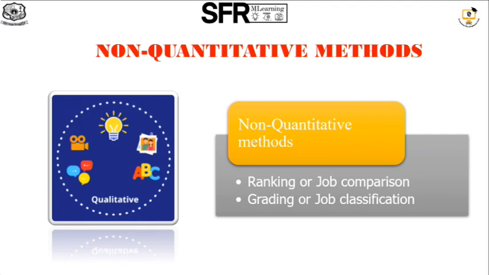Third step, each job is classified into an appropriate grade depending on how well its characteristics match the grade definitions. For this purpose, job descriptions are carefully analyzed. In this way, a series of job grades is developed and a different wage rate is fixed for each job grade.